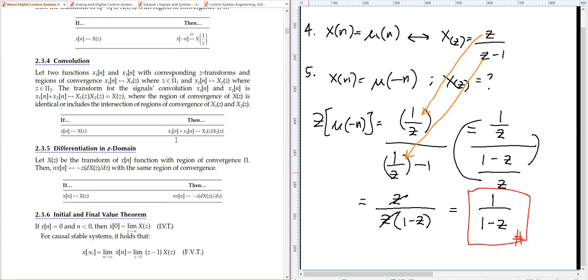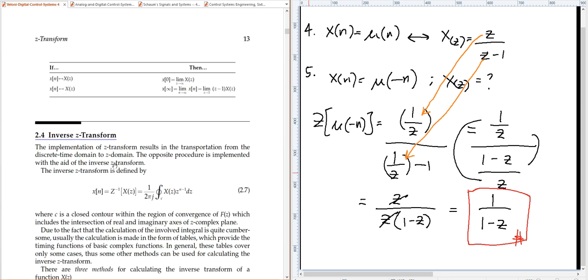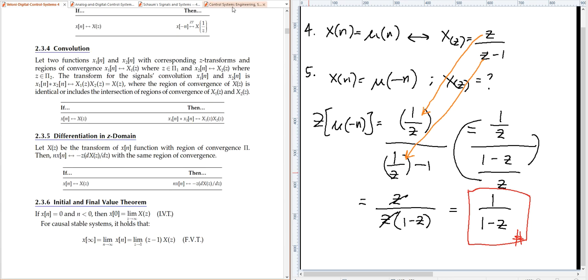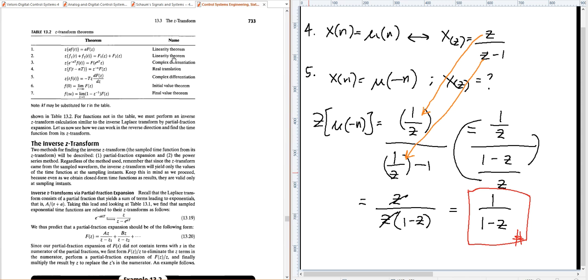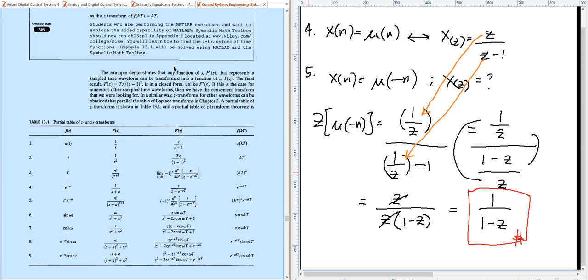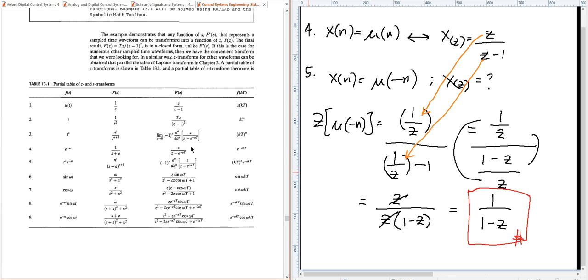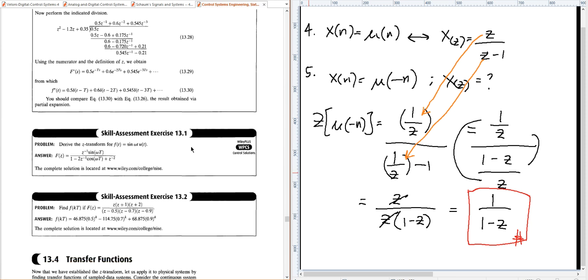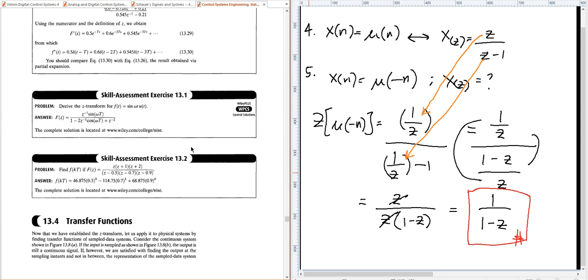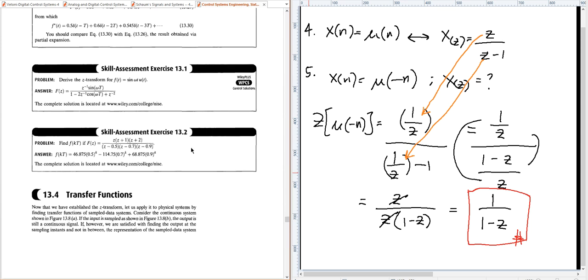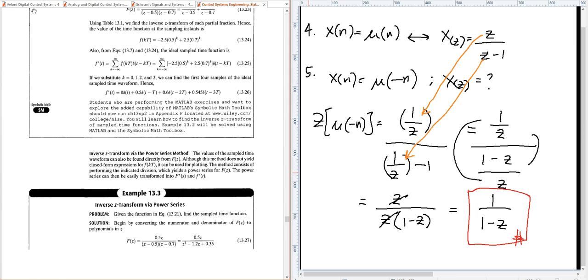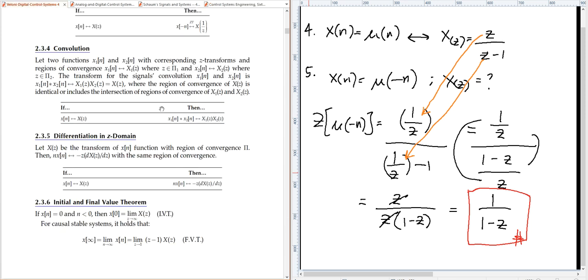Here we have convolution. For now, convolution will be covered separately. Next, differentiation.